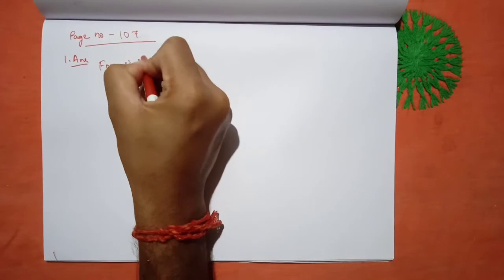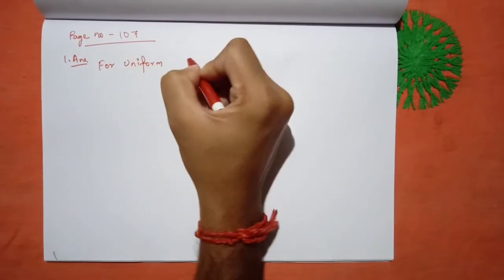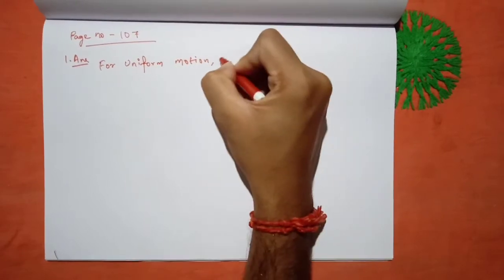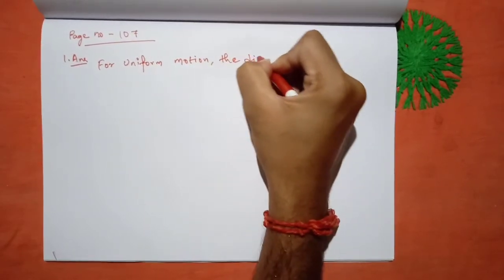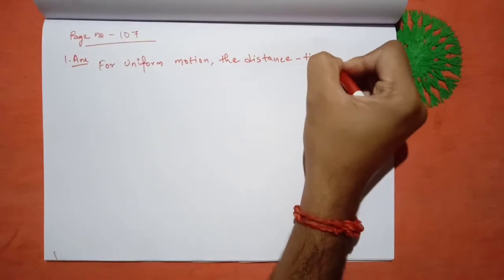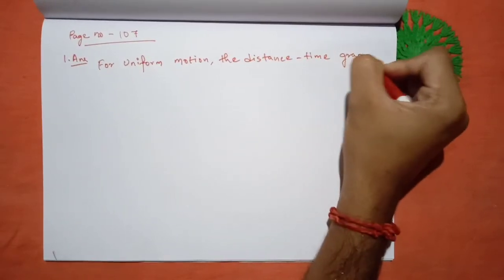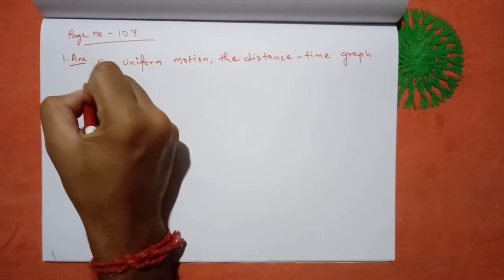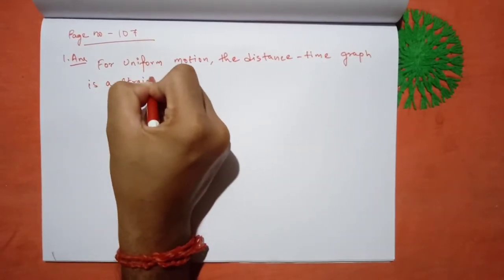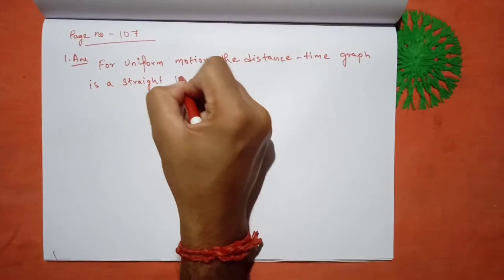So for uniform motion, the distance time graph is a straight line.